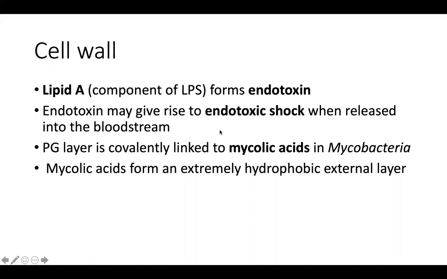So they have mycolic acids, and so they are very hydrophobic in their cell wall. So we do not even use the normal staining techniques. They will not take up the stain because of mycolic acids in the peptidoglycan layer. The other bullet there says mycolic acids form an extremely hydrophobic external layer, and when we are staining, we need to use special staining techniques to be able to view the bacterium.